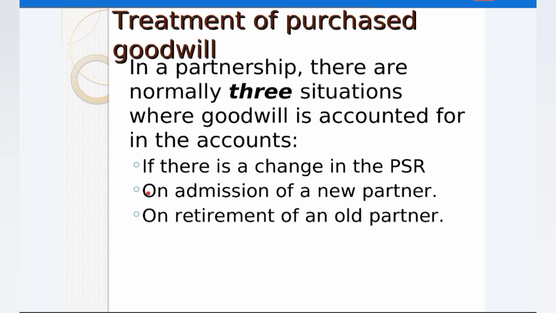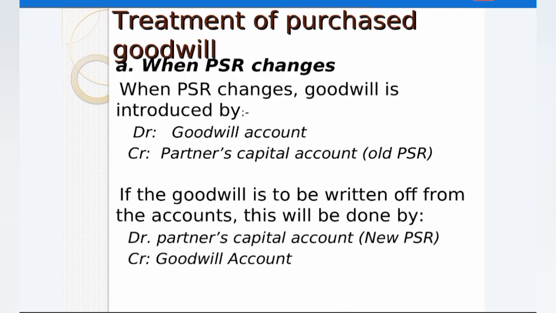So when you admit a new partner, you create goodwill. And number three, when an old partner retires. So when an old partner retires, goodwill is created. So we want to see how do we treat goodwill when there is a change in the profit sharing ratio, when there is an admission of a new partner, and when there is a retirement of an old partner.